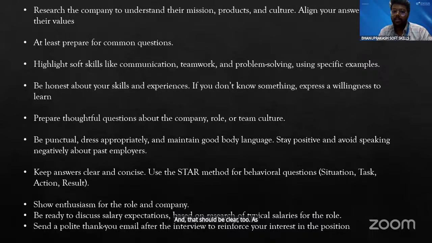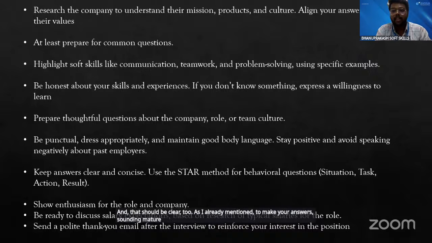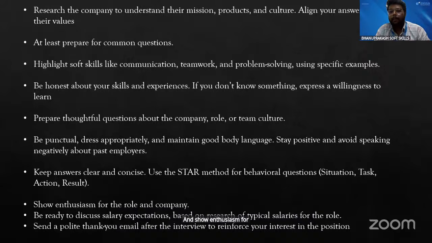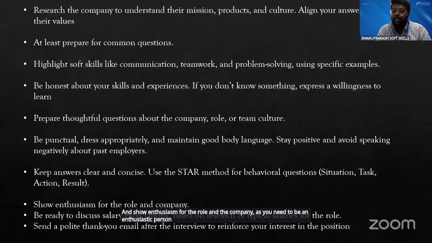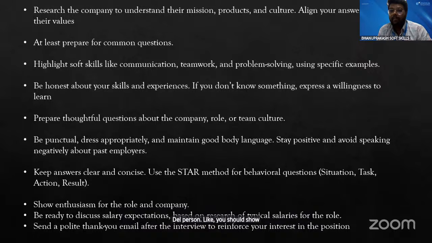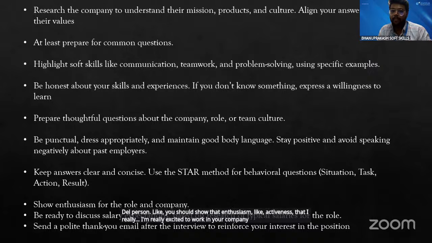As I already mentioned, to make your answers sound mature and analytical, you can use the STAR method. And show enthusiasm for the role and the company, as you need to be an enthusiastic, or simply active, person in the interview. You should never be a dull person. You should show that enthusiasm and activeness, that I'm really excited to work in your company.